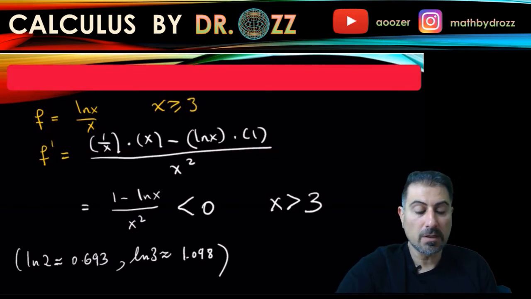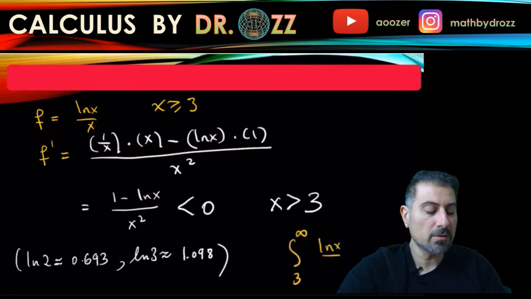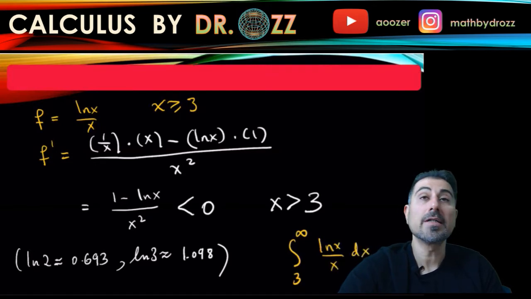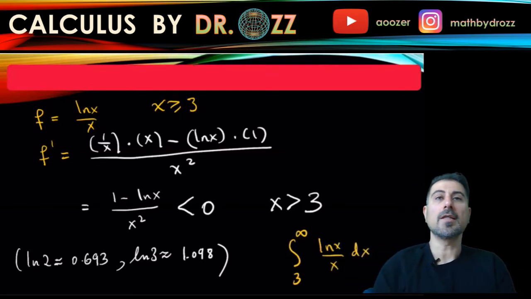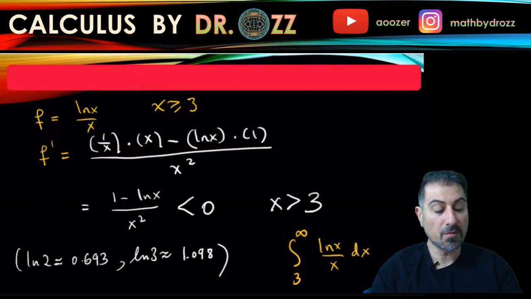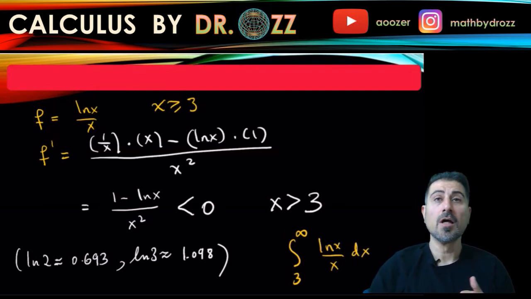So all I'm going to do now is check the integral from 3 to infinity of ln x over x dx. If this is convergent, as a conclusion, the infinite series version of this is convergent. So the series with n starting from 3 all the way to infinity is convergent.